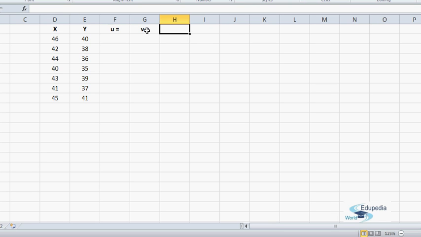So let's assume a middle value for X and a middle value for Y. We can take any value here, so let U be equal to X minus the assumed mean, which in case of X we call A, and that could be, let's say, 40.